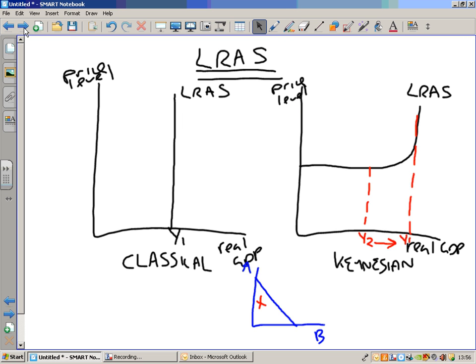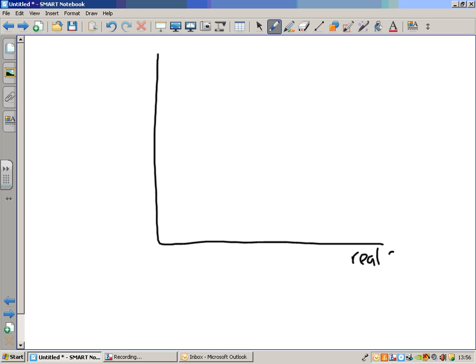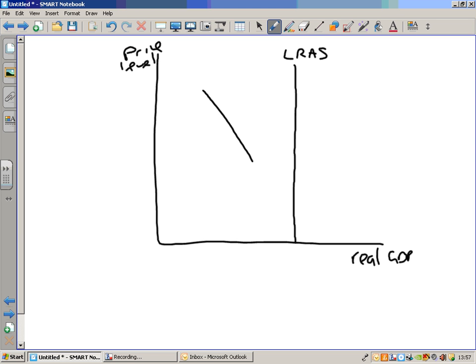What I wanted to do is to put an SRAS curve on the same graph as an LRAS curve. So we'll draw a big diagram for this one. So we've got real GDP and price level. Let's assume we're looking at a classical LRAS curve. On this, I'm also going to draw an aggregate demand line.